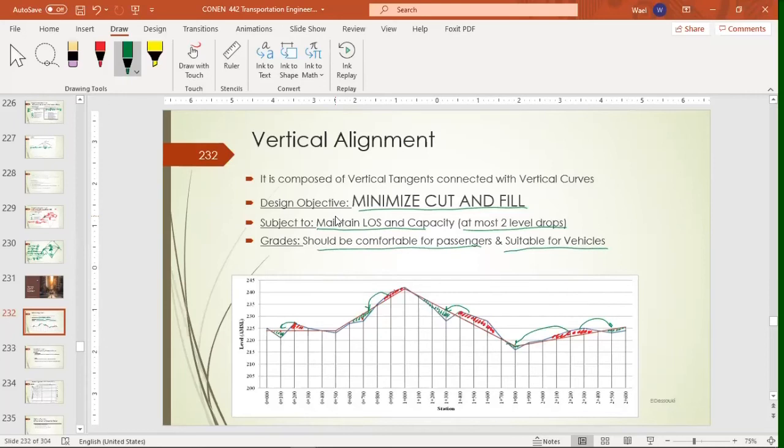Now we are talking about trucks, not passenger cars, because these sharp grades are difficult for trucks. Clear? So the objective, again, is minimizing cut and fill. And the constraint is basically maintaining level of service and capacity. At most, we can allow for 2 level drops. Any question?